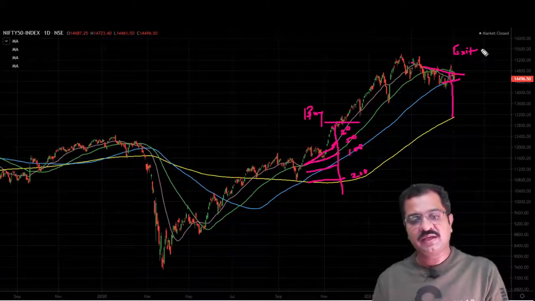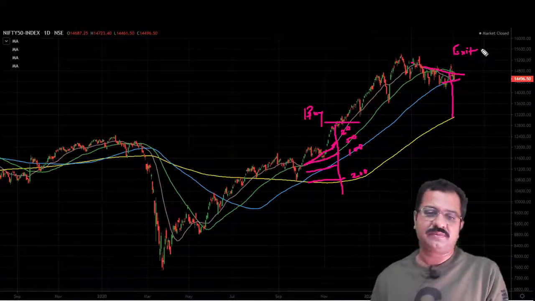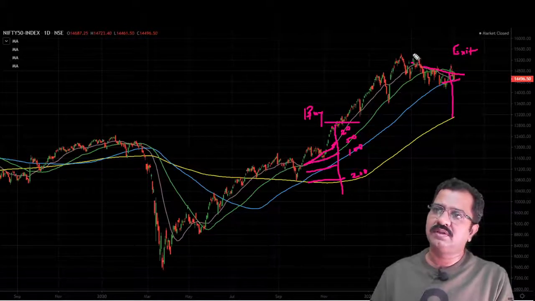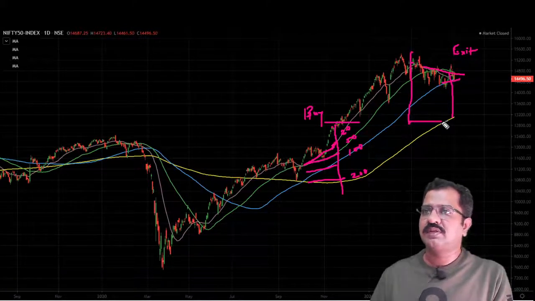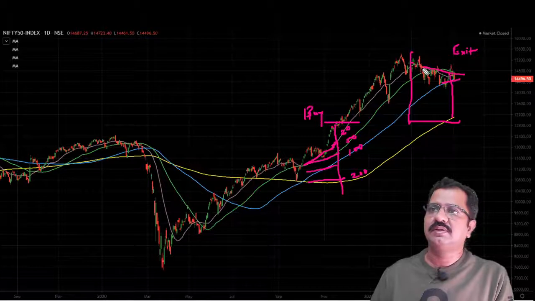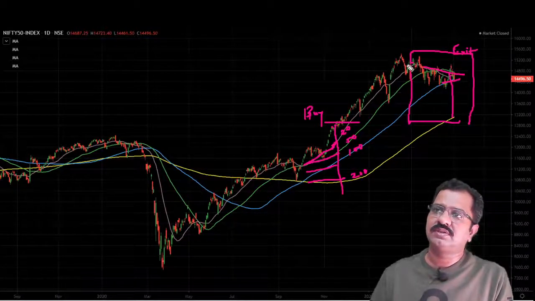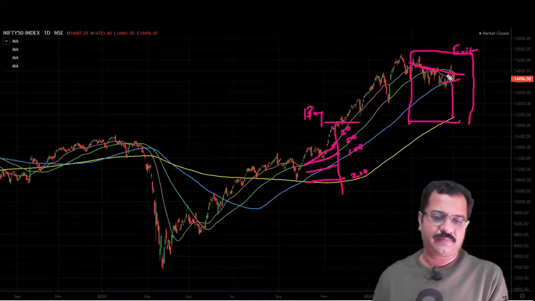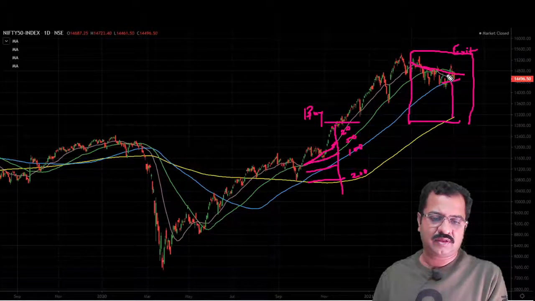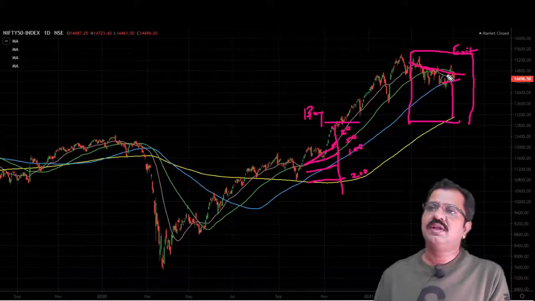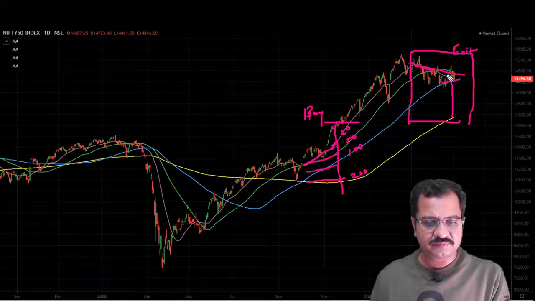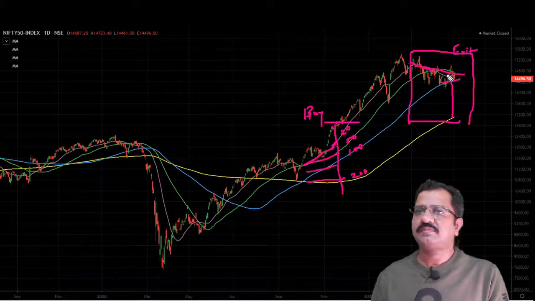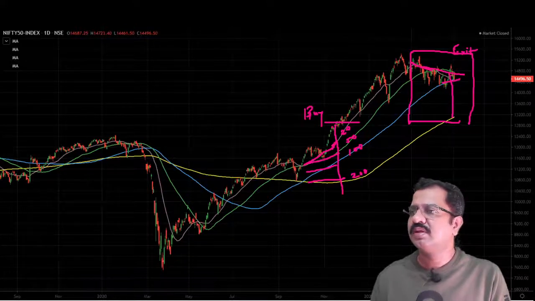And when they start coming together, see here in this region they started coming together, right, their distance started decreasing, they started contracting, there you should exit the trade. This is simple.